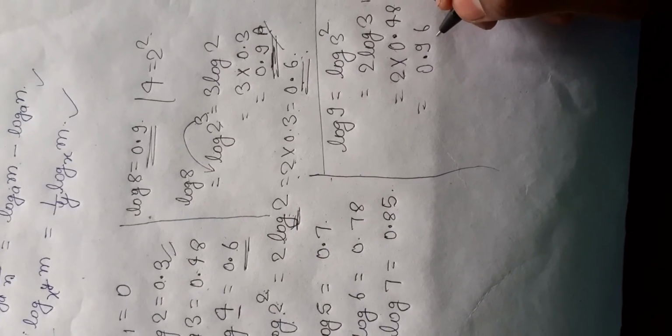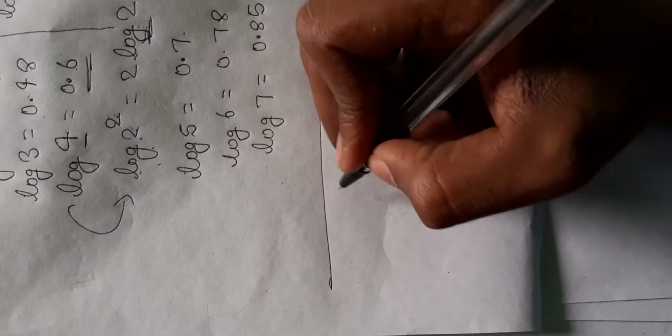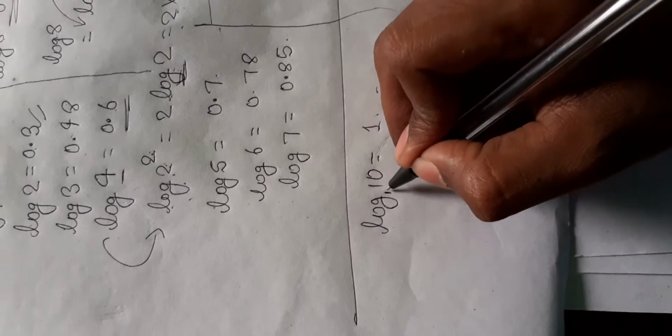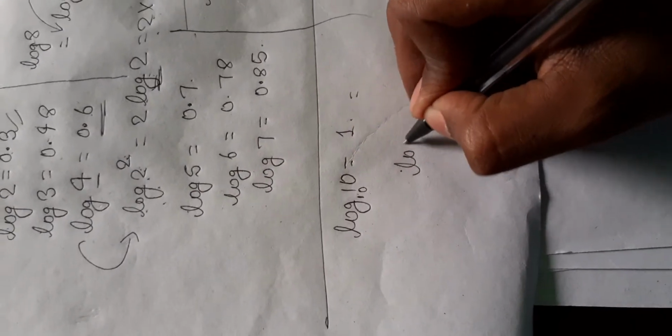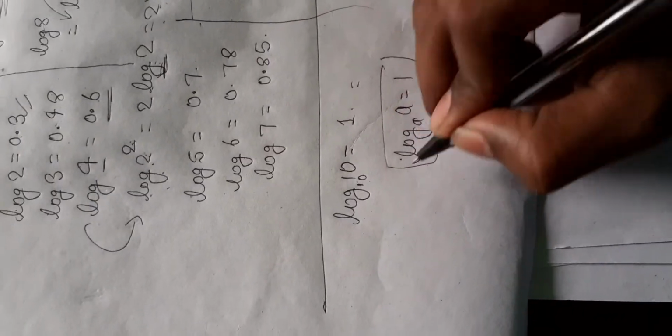Okay, that is log 9. Now log 10 is equal to 1 because nothing is given as the base, and log a base a is equal to 1. By this property we get this.